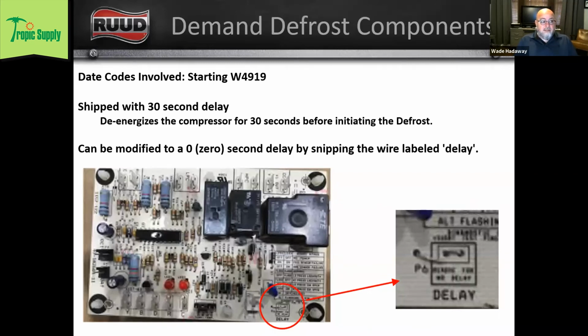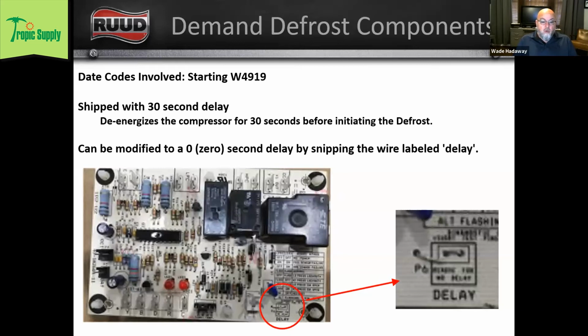What we found is that in some applications, that 30-second delay was causing the reversing valve to make a very strange noise. It sounds like a trumpet. People sometimes refer to it as a moose call. And so the new board allows you to clip a wire, and you can see I've got a circle around it, that is the delay. If you take your side cutters and clip that wire, that's going to get rid of that 30-second delay, and there will be a 0 delay.